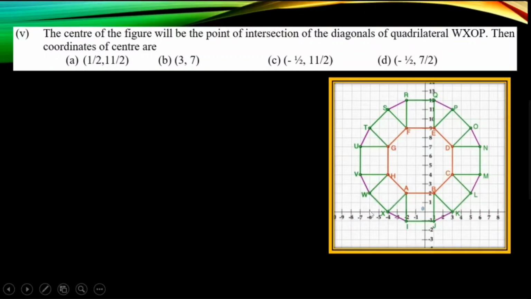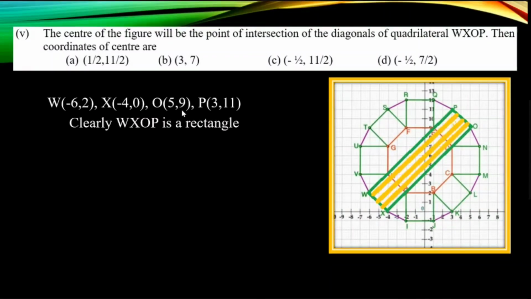W is (-6, 2). X is a point on the x-axis, so it's going to be (-4, 0). O is what? O is (5, 9), and P is (3, 11). They're talking about WXOP. Clearly, WXOP is a rectangle. So what will be the point of intersection of the diagonals?